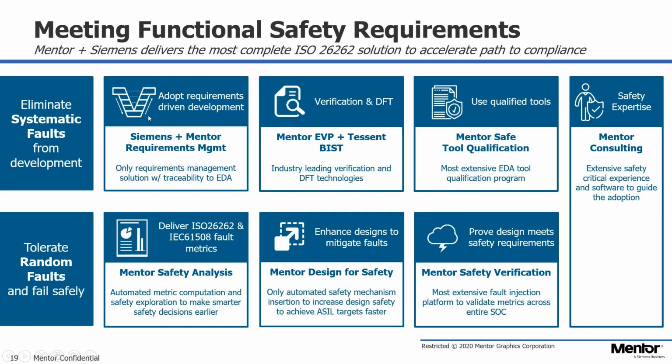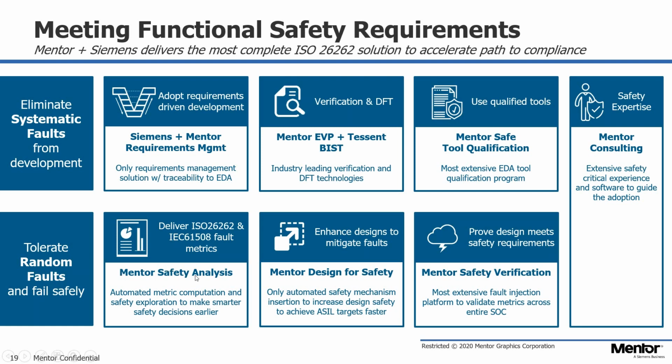So, conclusion. We started talking about elimination of systematic faults. Therefore, we have according tools in place for requirements management. We have according tools in place for verification and design for test. All the tools which I talked about today have undergone tool qualification by TÜV. And we have an according consulting team in place which has the necessary expertise to work on site with our customers.